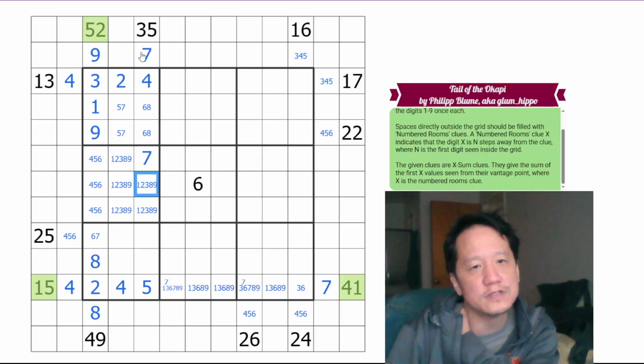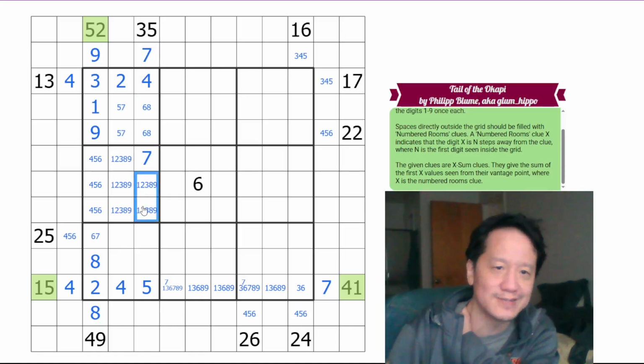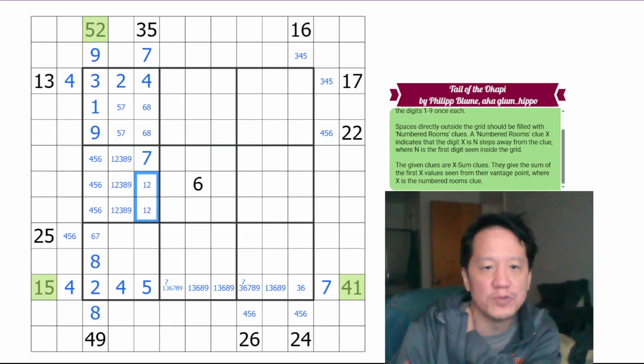And so this is right now 21 plus 4 is 25, plus 7 is 32. So these 2 digits must add up to 35. So it's a 1, 2 pair. So we have 1, 2 here, which leaves this as 3 and 9 in the rest of the column. 1, 2 eliminates 1, 2 in the rest of the box. So we have 3, 8, 9 here.